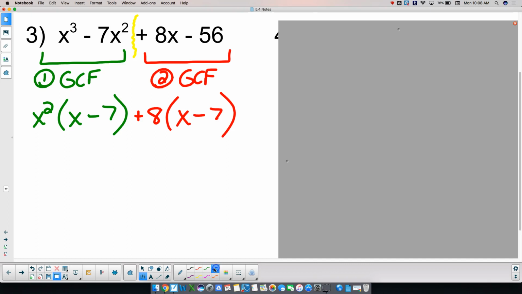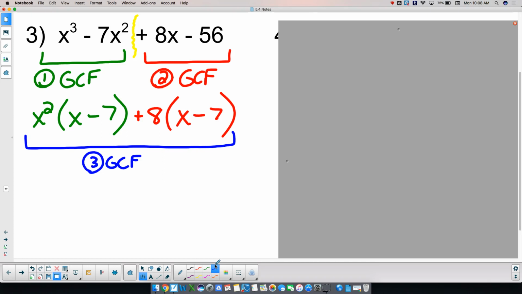Then I am going to GCF that. What's the greatest common factor between those 2 terms, the green term and the red term? What shows up in both? X minus 7 shows up in both.